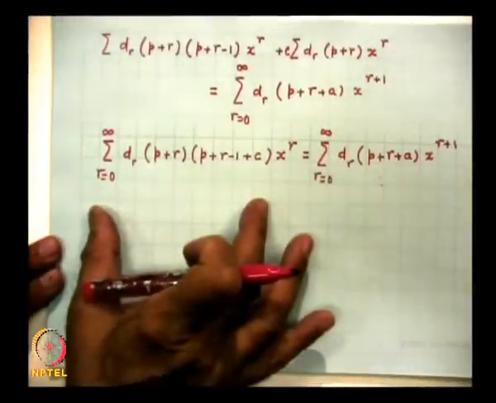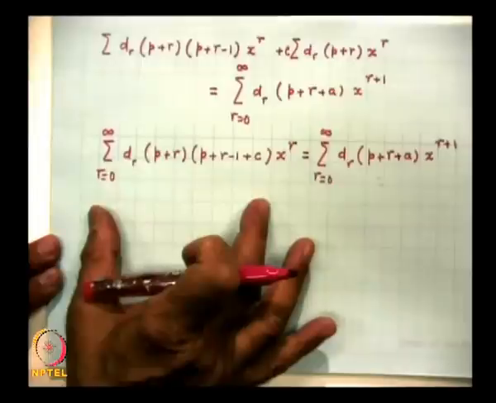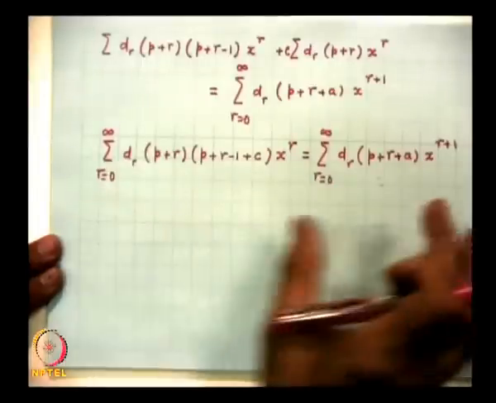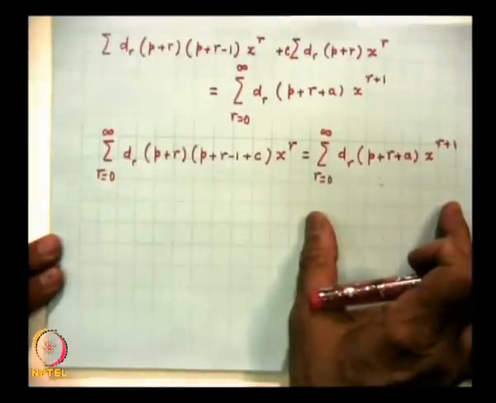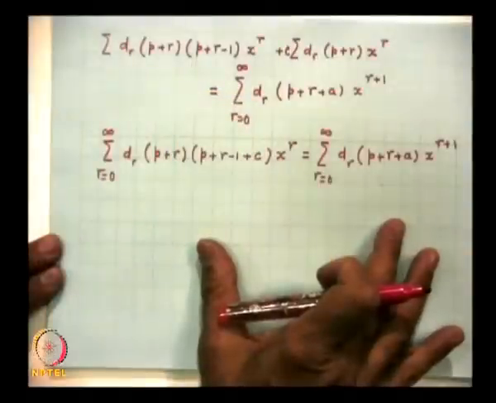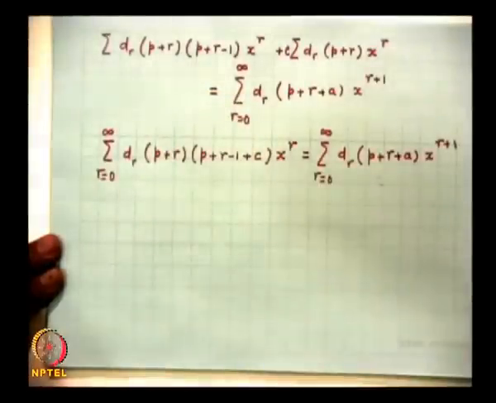On the left hand side there is an infinite series, on the right hand side there is an infinite series. Now, if this has to be valid for all values of x, then all the coefficients must be equal. Now, let me illustrate this.